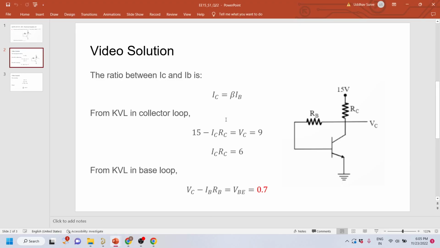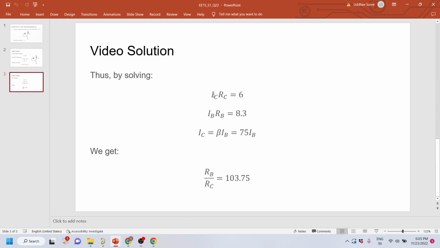So Vc minus IBRB is equal to VBE, that is equal to 0.7. This is the forward drop of the semiconductor which needs to be known to you. From the previous slide we have two equations, ICRC equal to 6 and IBRB equal to 8.3.